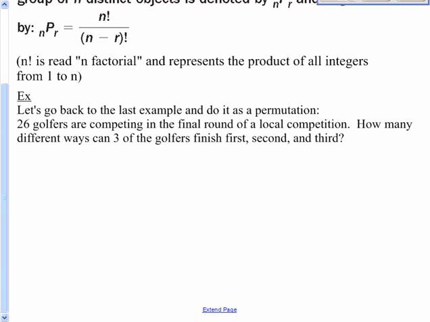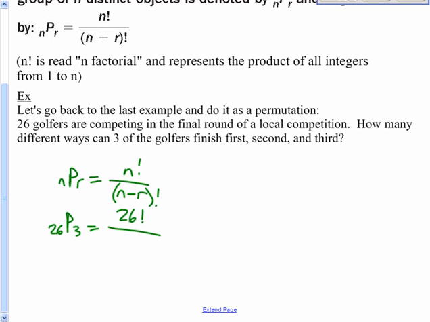So you say, well, if order matters, n permutation r. I have how many golfers? 26. I'm taking how many at a time? 3 at a time. Okay, so I have 26 factorial over, so 26 is my n, and my r is 3, so 26 minus 3 factorial.